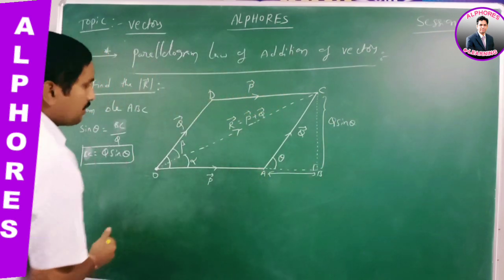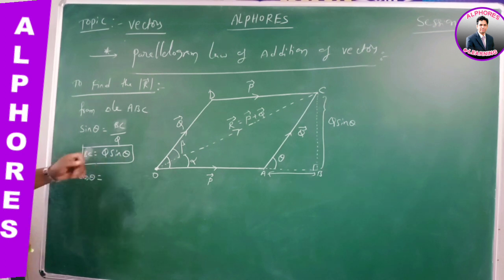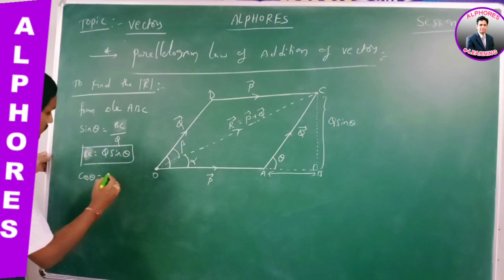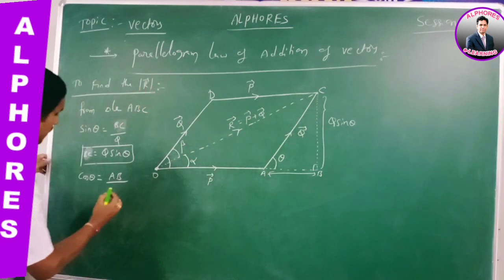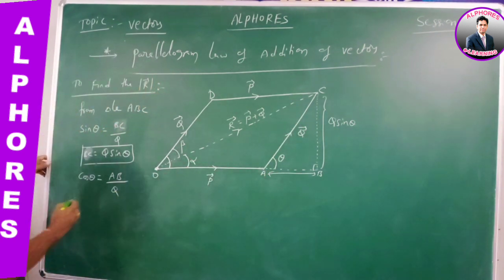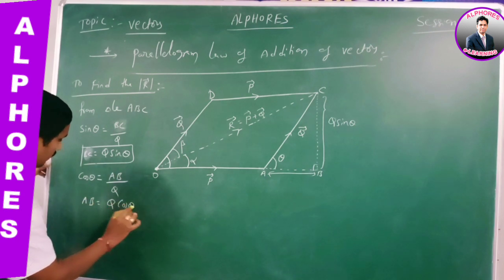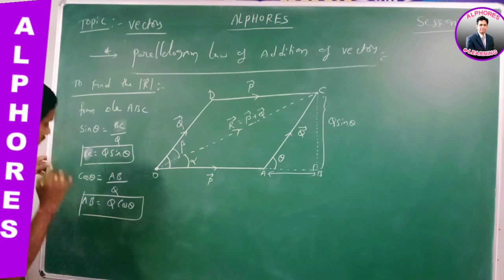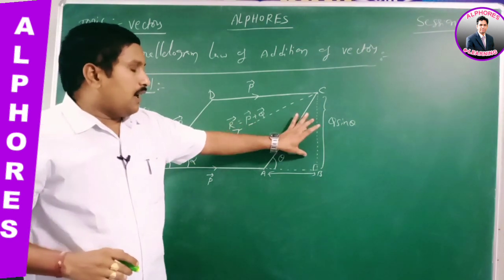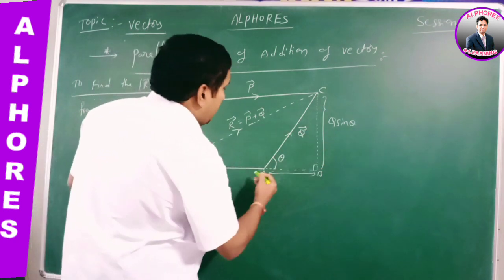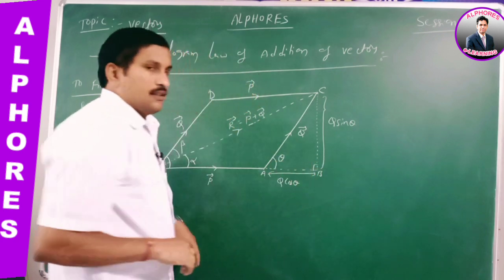In the same way, whatever the value of AB, I am taking from this right angle triangle, cos theta is equal to adjacent side by hypotenuse, that is q. Now AB is equal to q into cos theta. So by taking this small right angle triangle, I got the values of BC as well as AB. AB is q cos theta, right?